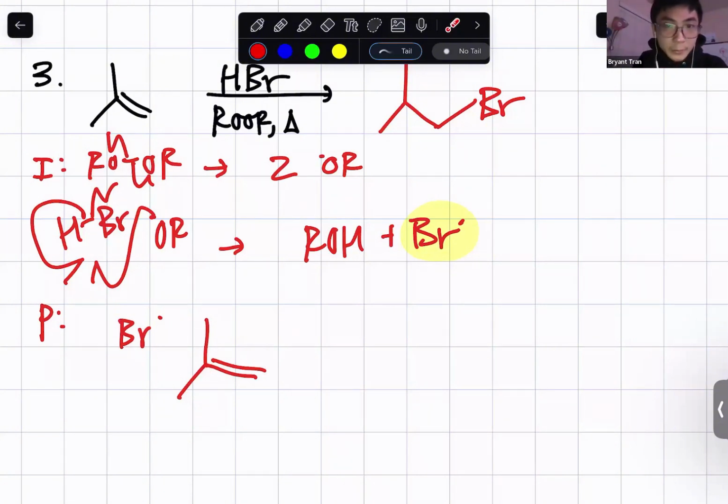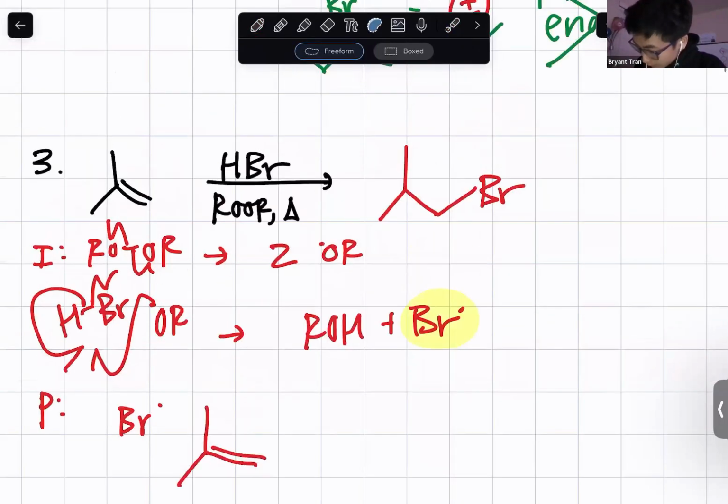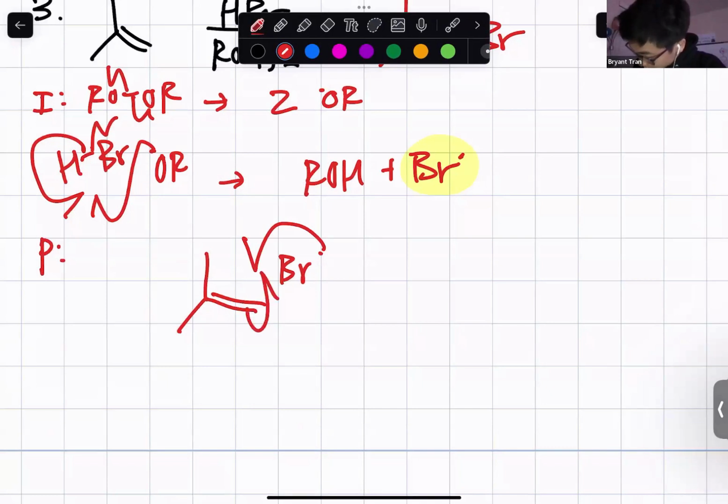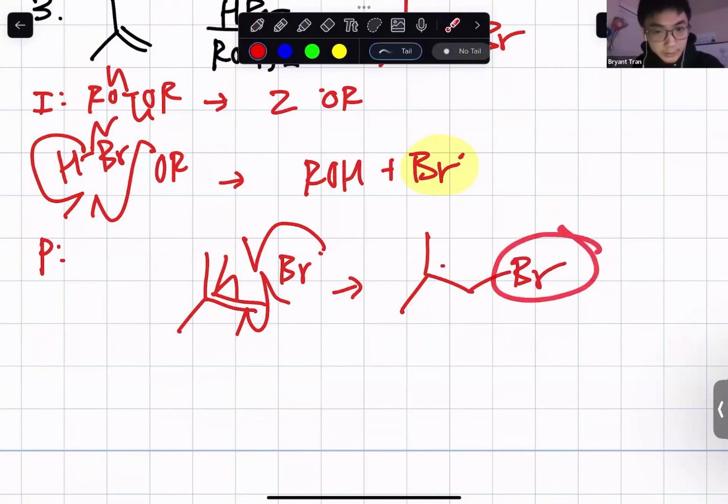To do that, we have to react the Br radical with the less substituted carbon right here. So we're going to attach the bromine to that less substituted carbon to allow us to form the more stable radical at the more substituted position. That's why this reaction is anti-Markovnikov addition. We add the bromine at the less substituted carbon to allow for this more stable, more substituted radical intermediate.